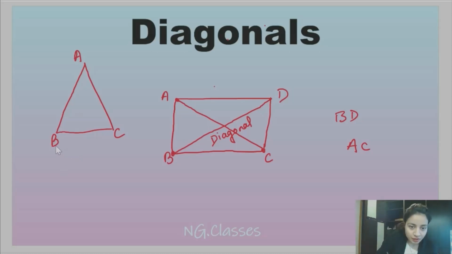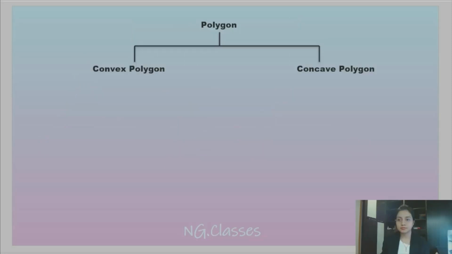Here, the consecutive vertices of B are A and C. Which one is non-consecutive? There is none. Similarly, for A, whatever vertices we have, both are consecutive. Here, we don't have non-consecutive vertices. So a triangle doesn't have any diagonal.